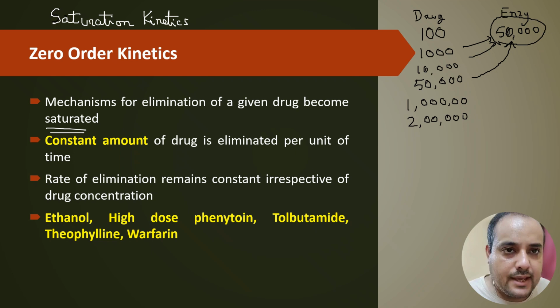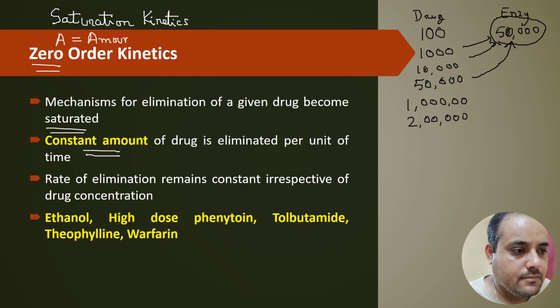Now in case of zero order kinetics, a constant amount of the drug is eliminated per unit time. Zero is the first number of the number system, and the first letter of the alphabet is A, for amount. So a constant amount of the drug is eliminated.